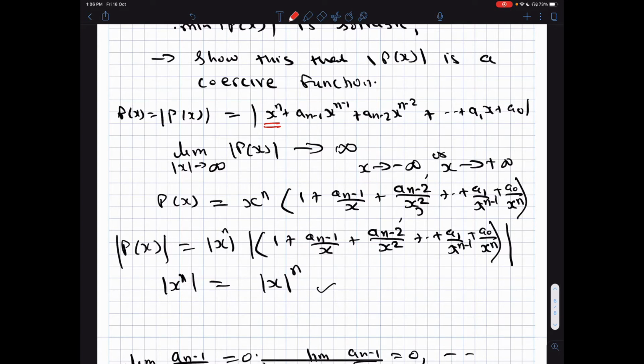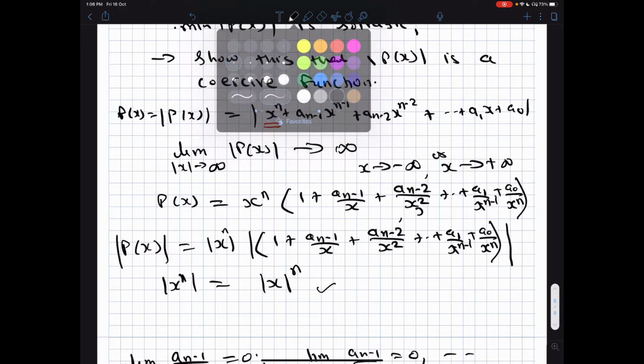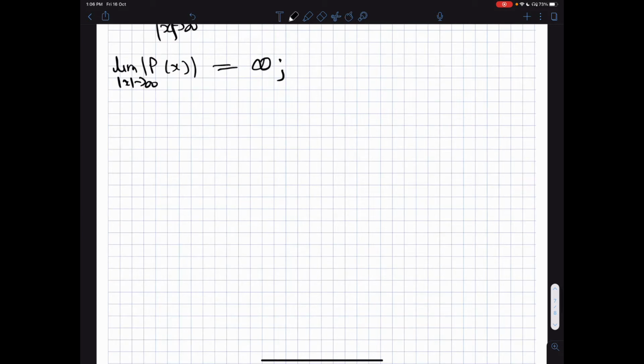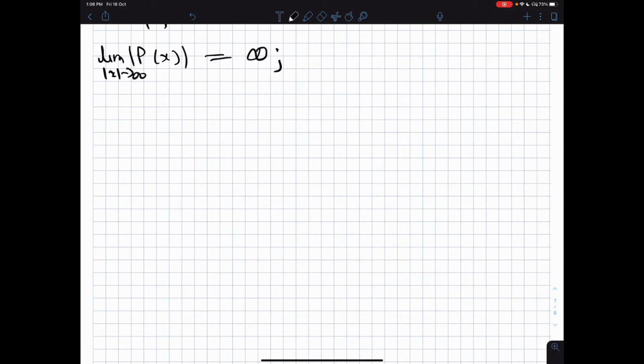And then you are looking at the modulus of it, which will always go to plus infinity. So though it took some time to prove that this is a coercive function, the intuition was quite simple and easy.